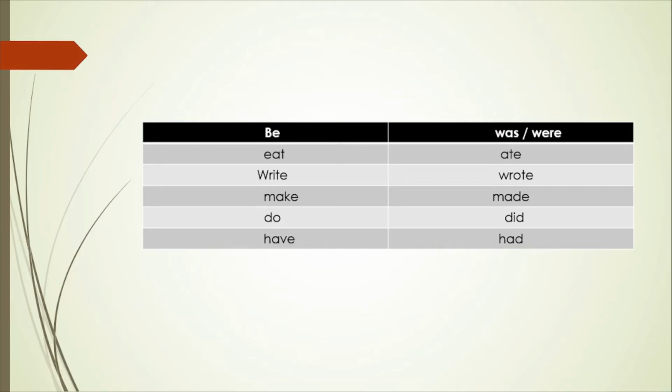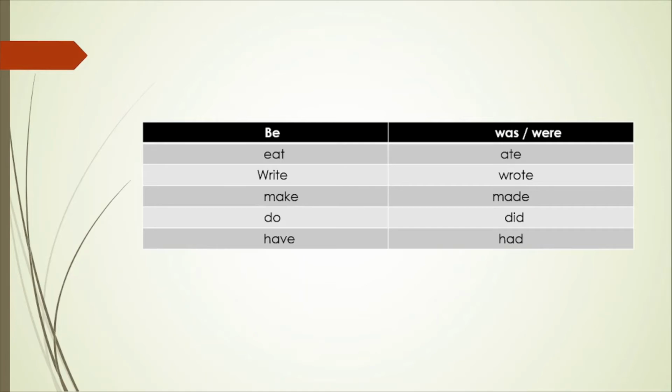You can ask me, why did you make past simple of be as was and were? So you will know it after. Just wait. Eat, ate, write, wrote, make, made, do, did, have, had.